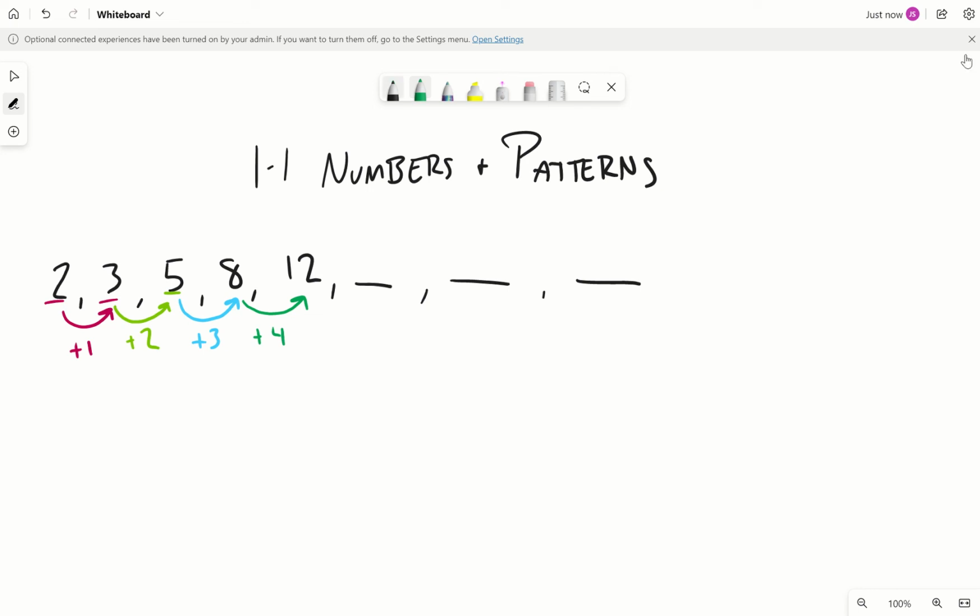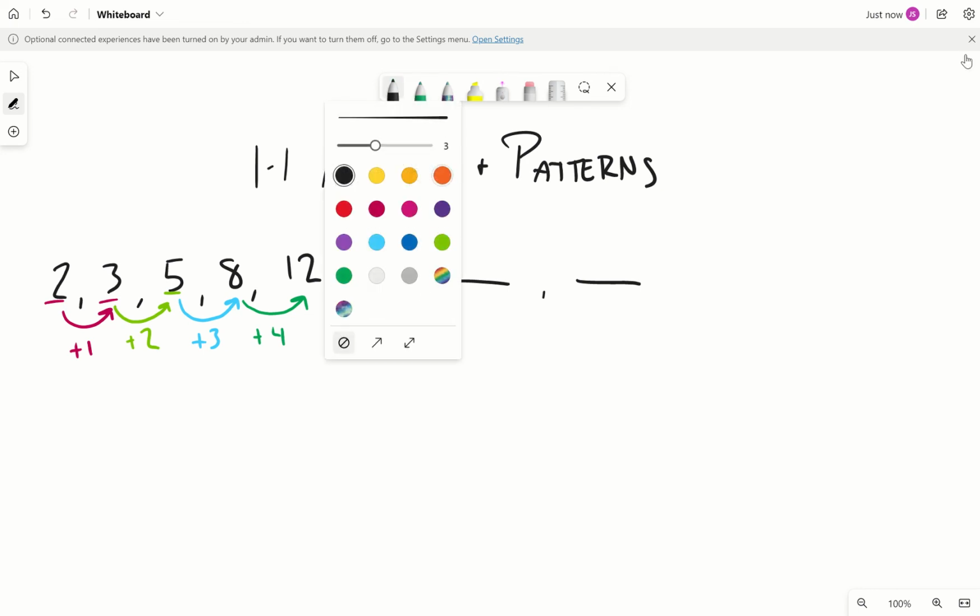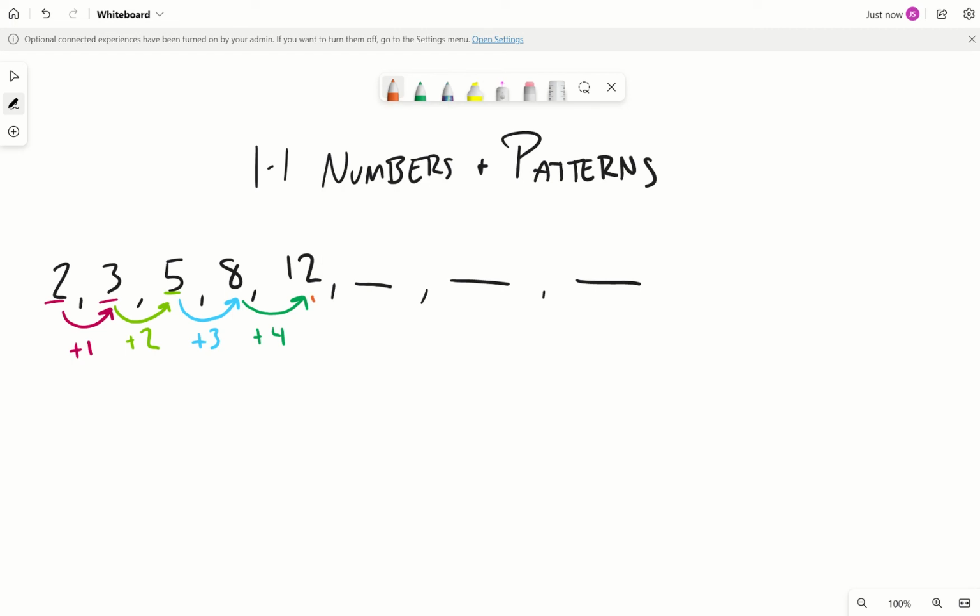So what am I going to do here to get from 12 to my next value? Are you seeing my pattern? I'm adding 1, adding 2, adding 3, adding 4. I'm going to add 5, and that's going to get me to 17.